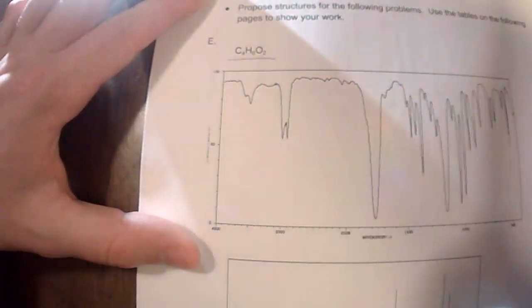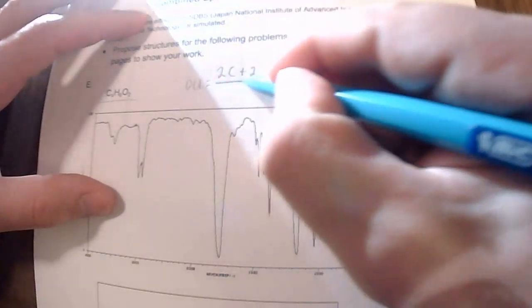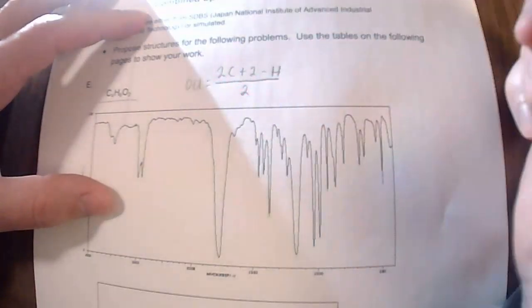So today our chemical formula is C4H6O2, and first we will calculate degrees of unsaturation. We know the formula for this is 2C plus 2 minus our hydrogen number, divided by 2. C equals 4, H equals 6.